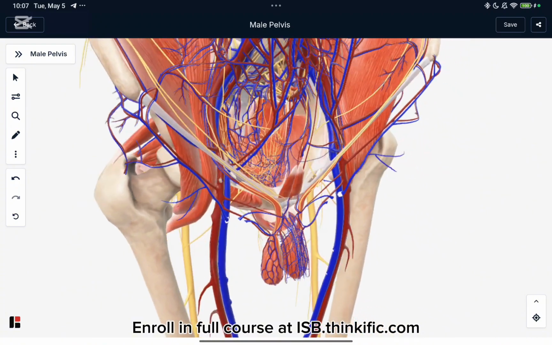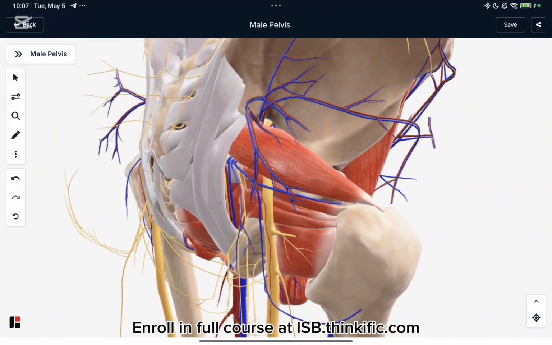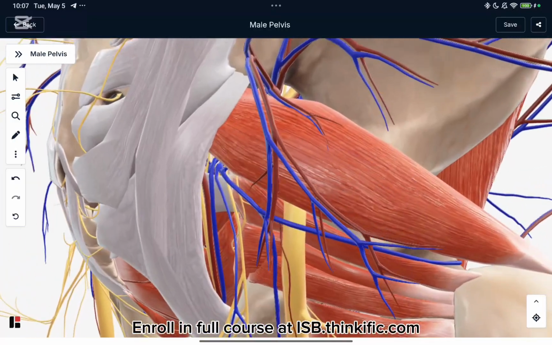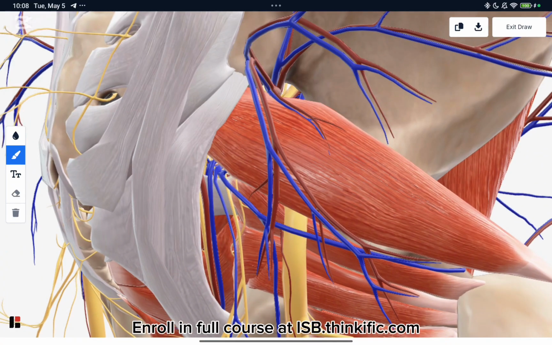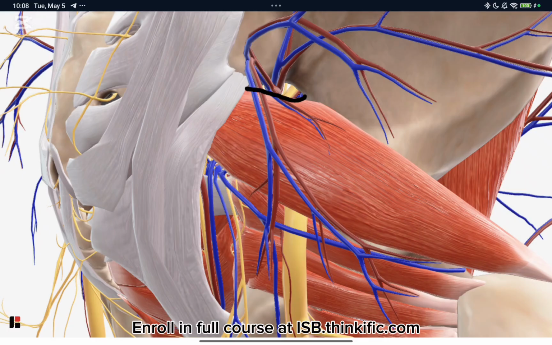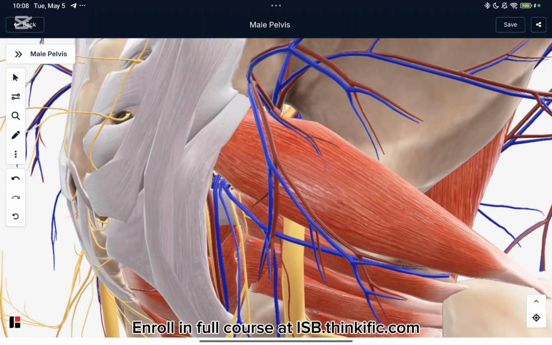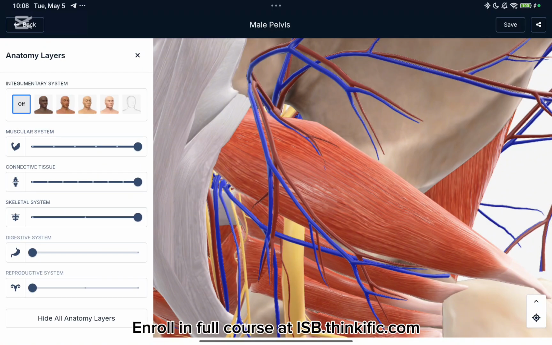Now let's go to the sciatic notches and foramina, greater and lesser sciatic notch. Let's talk about the greater sciatic notch first. The greater sciatic notch, as I told you, has two compartments, superior and inferior. Let's focus on the simple one, the superior compartment. From the superior compartment, as I told you, there are superior gluteal vessels and nerves.